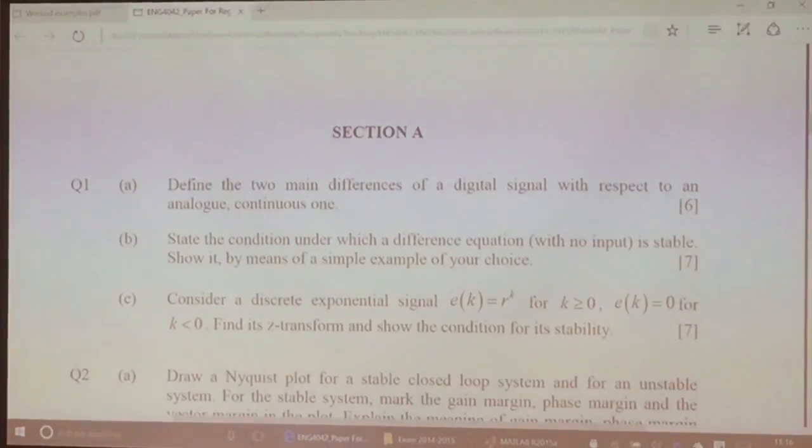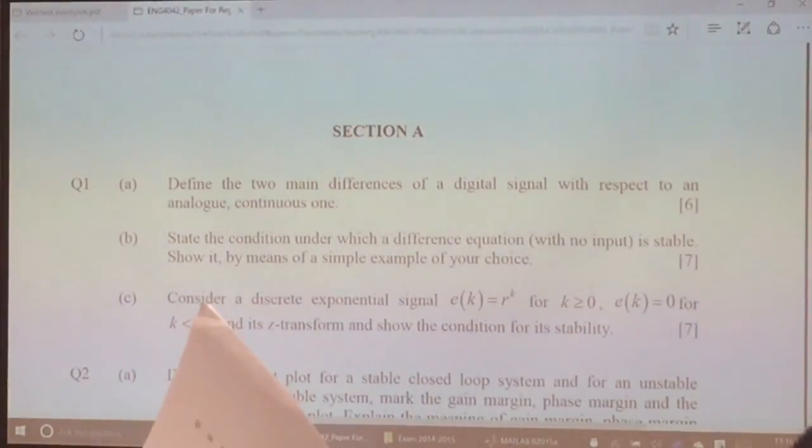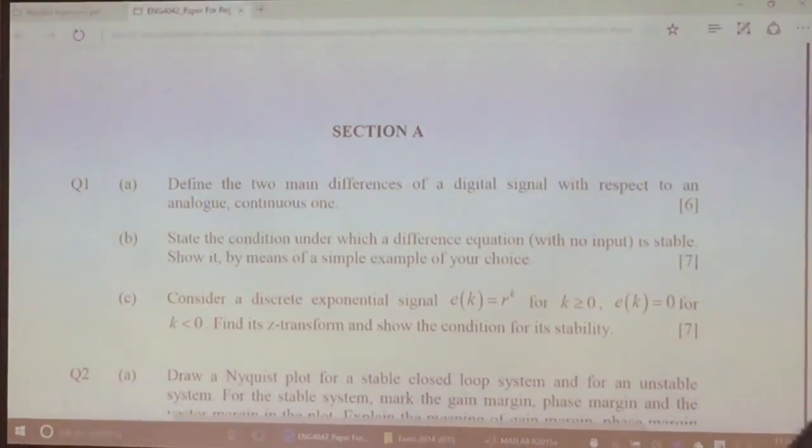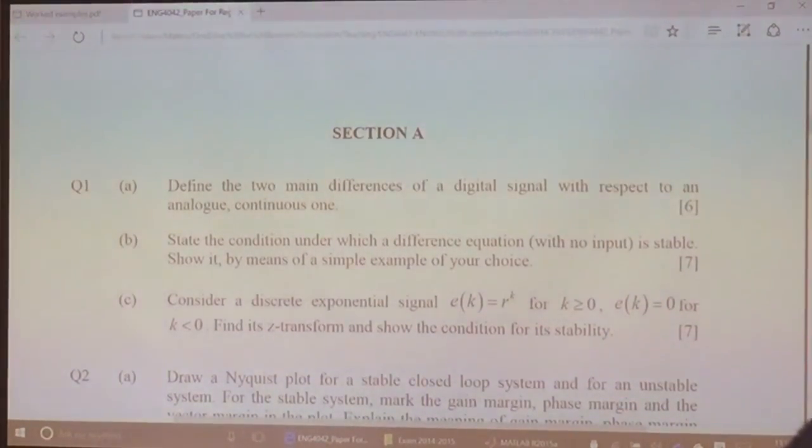Define the two main differences of a digital signal with respect to an analog continuous one. What are the two features of a digital signal with respect to a continuous one?